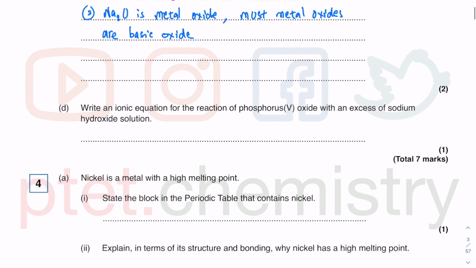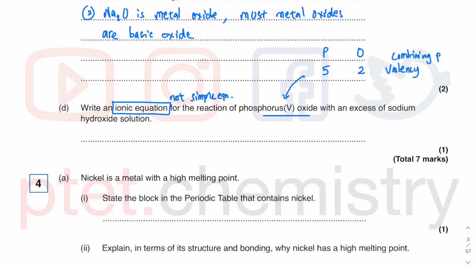Last but not least, question number 4. They want an ionic equation, not a simple equation. And this is between phosphorus 5 oxide. So what you have there is a non-metal, but the valency is 5, and the valency there is 2. Valency is what you call combining power, and here I'm just trying to get the correct chemical formula where I exchange the valency.